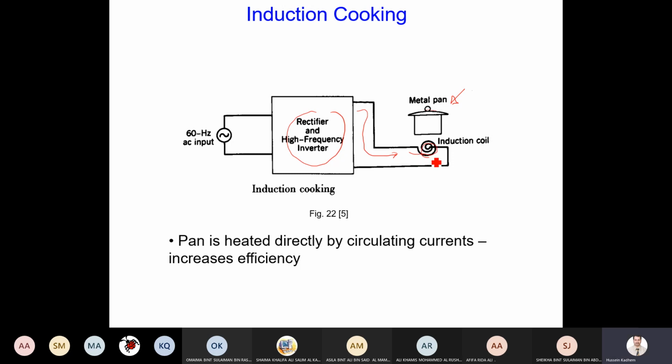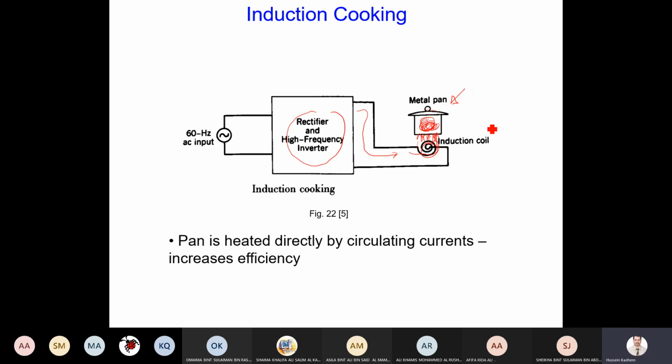When it goes through this inductance, it behaves like microwave heating. According to Maxwell, it will produce a magnetic field surrounding this inductance. And when this magnetic field gets cut by the metal pan, it will produce current inside the metal.